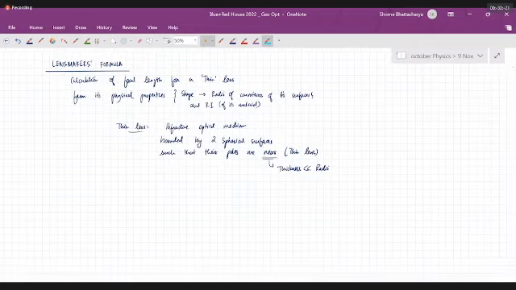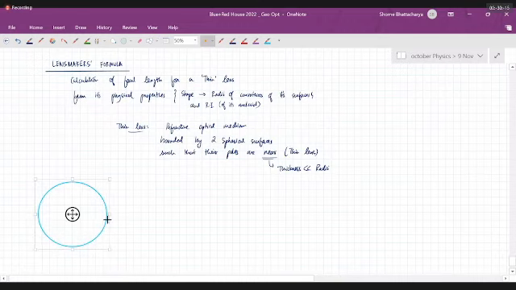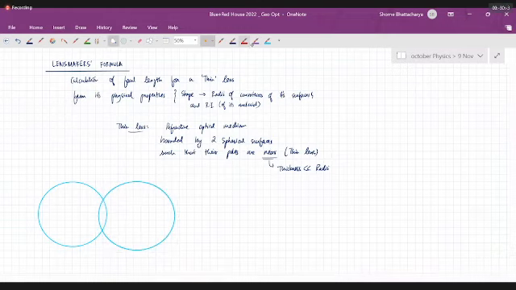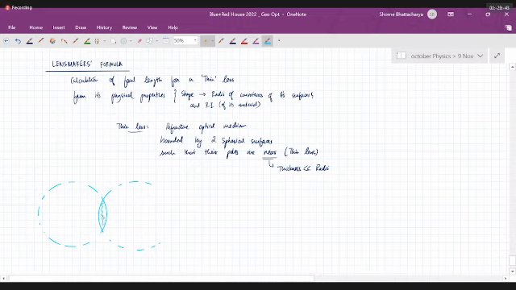So for example, we can have a biconvex lens whose two surfaces have centers of curvature here and here.